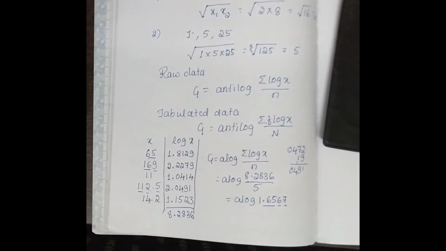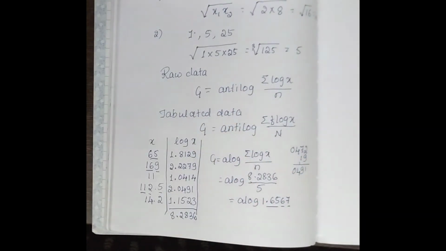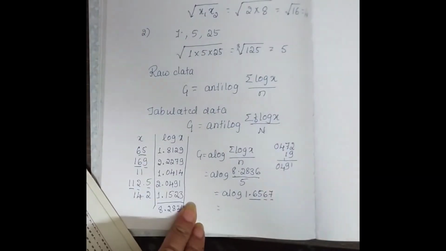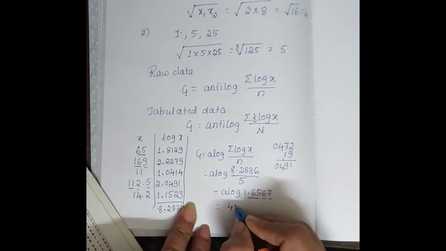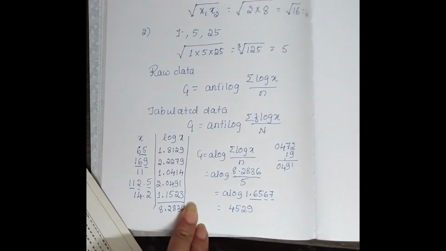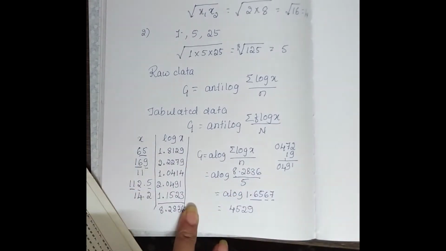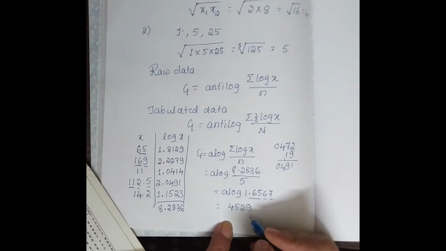Then in the antilogarithm column we have to see 0.65 in 6th column and 7 as mean difference. Okay, 0.65 in 7th column is 4529. Then 7 as mean difference you have to add here. 0.65 you have to see, and 4529, and you have to add 7 to this.